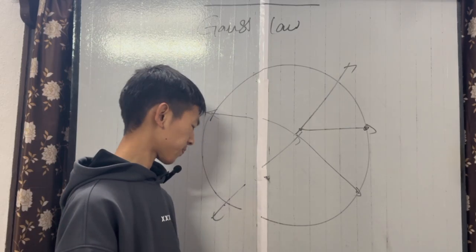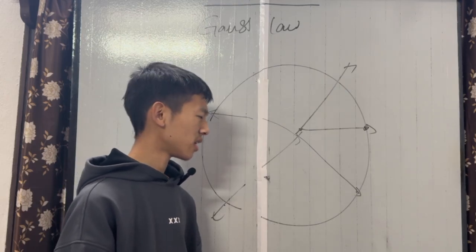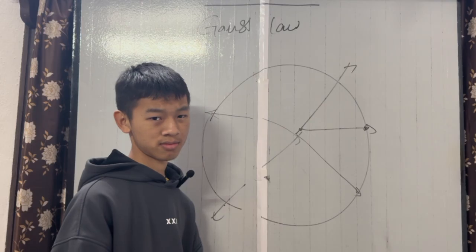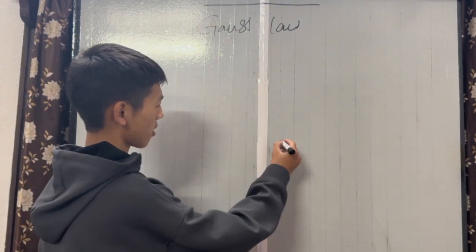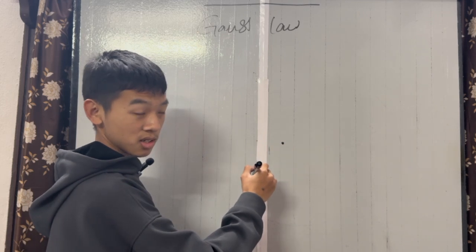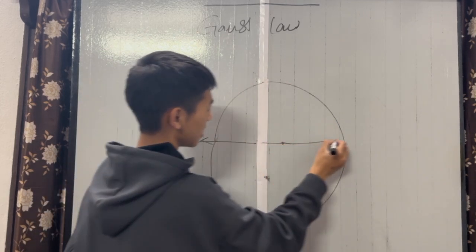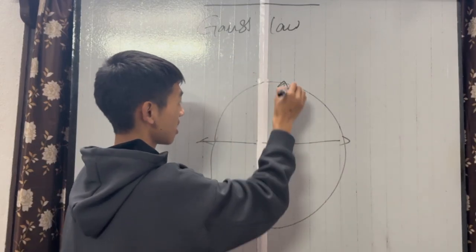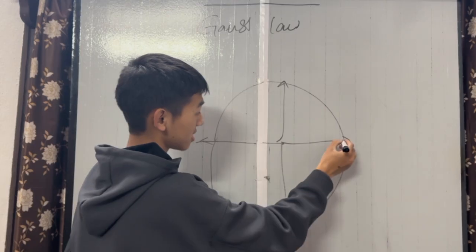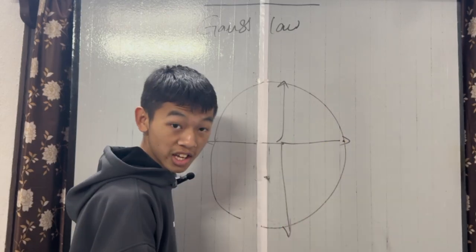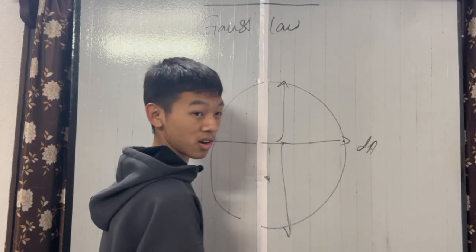Now what will happen is that the area here is very small. This point charge will produce electric field lines in all the directions, and each of these electric field lines will pass through a very small area known as dA.